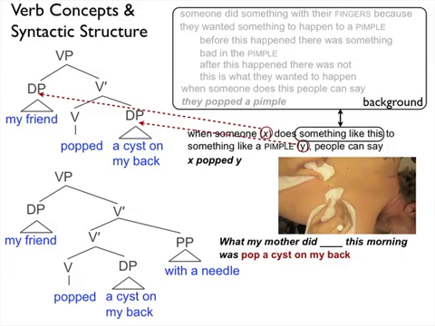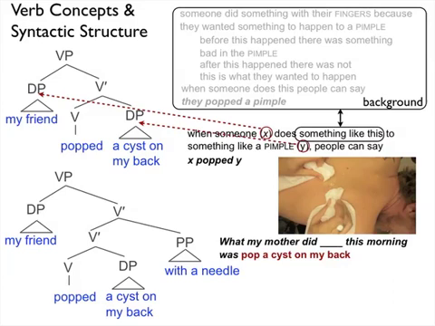But then you get cases where it's less clear. What about with a needle? Well, that's not really part of the basic concept. But how do you know? Whenever you pop something like a cyst or pimple, you're always going to be using something, so the use of something is always sort of there. But there's a kind of default: you would use hands, fingers.